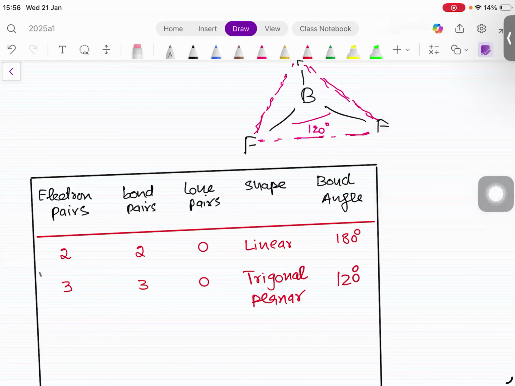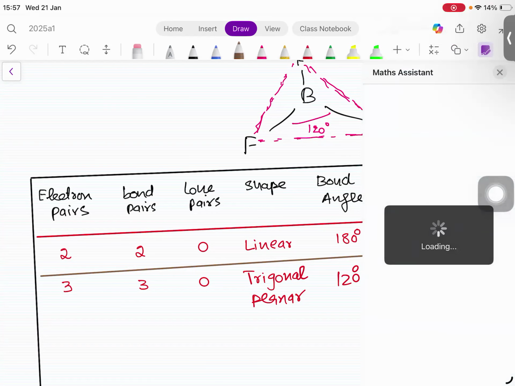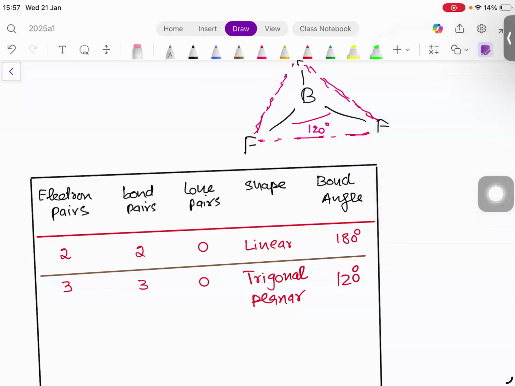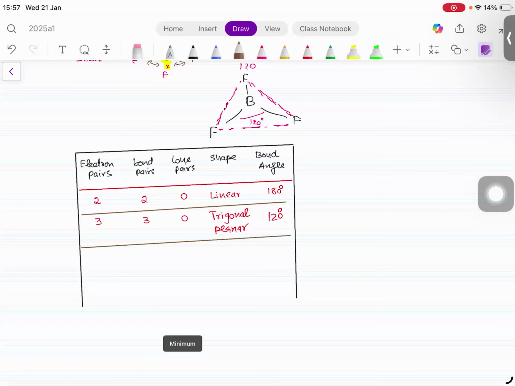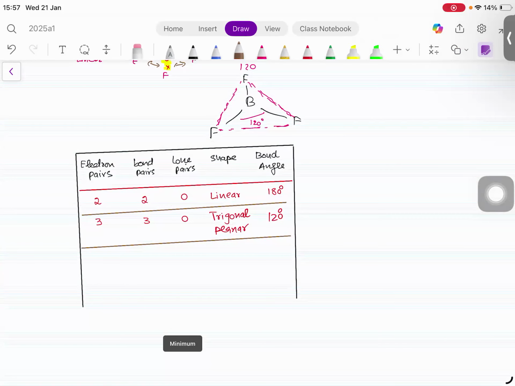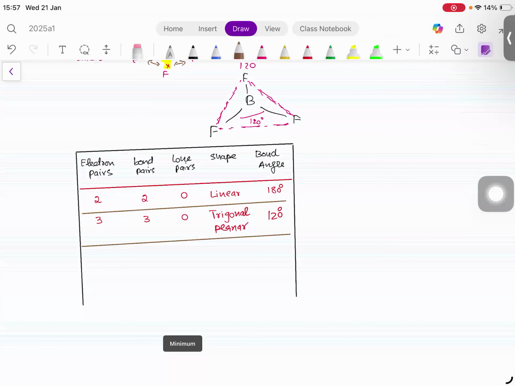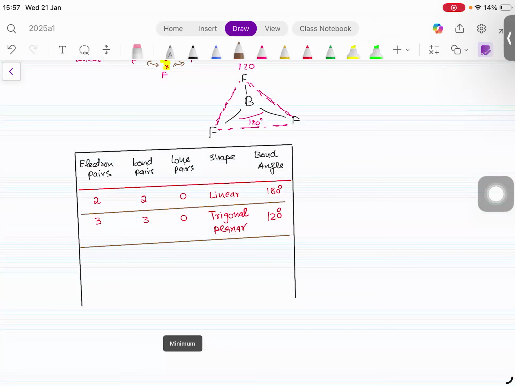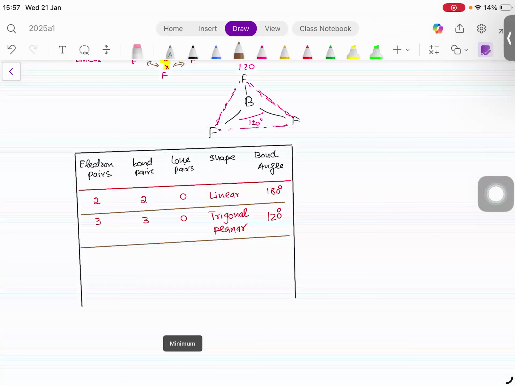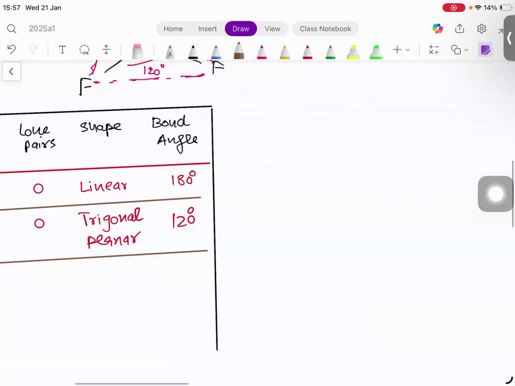Let me explain it again. This is the table which we have to follow. The shape of a covalent molecule is predicted by the number of electron pairs around the central atom of a molecule, right? And what is the logic? They repel each other and arrange themselves. So I'm going to write them in words here.